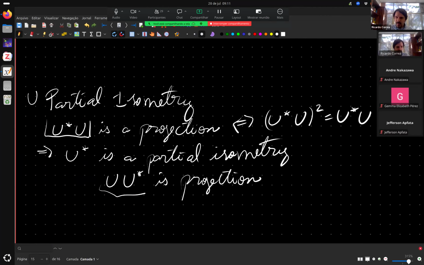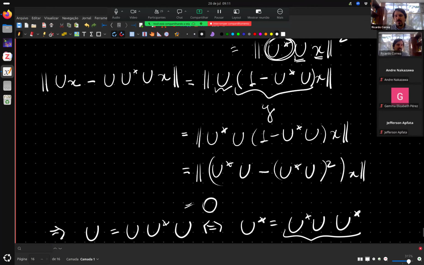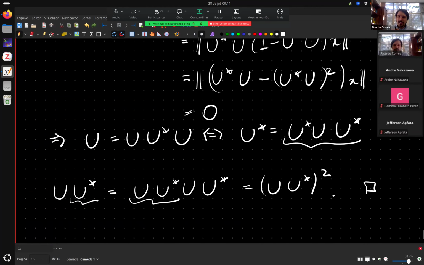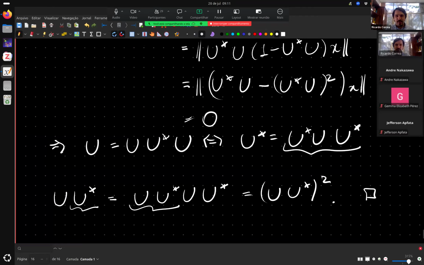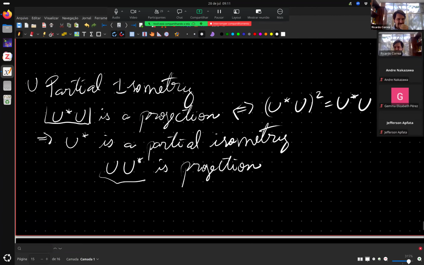Okay? But as you see, even though it's not too complicated, just kind of a calculation, it's also not obvious. It's not something that you just look and say, oh, clearly, if U is a partial isometry, U star is also a partial isometry. Yeah, that's not the case.